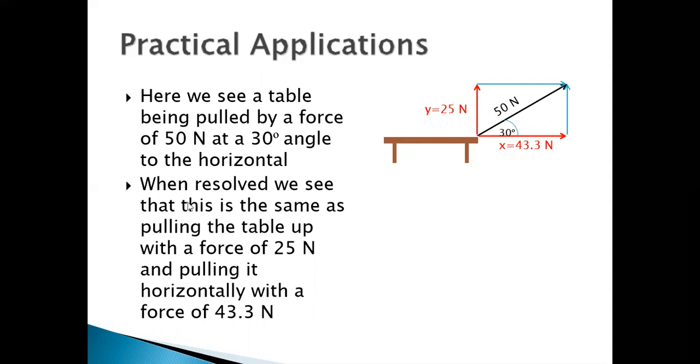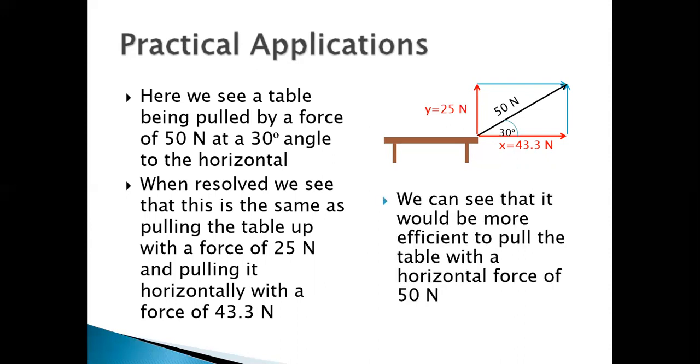When resolved, we see that this is the same as pulling the table up with a force of 25 newtons and pulling it horizontally with a force of 43.3 newtons. So when you want to pull it up, you need a force of 25 newtons, and when you want to pull it horizontally, you need a force of 43.3 newtons.